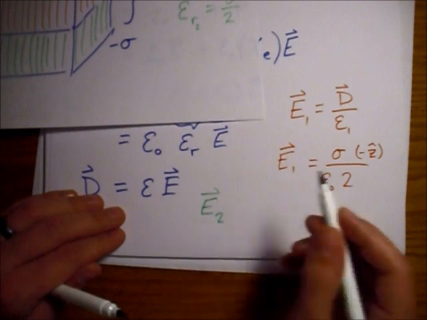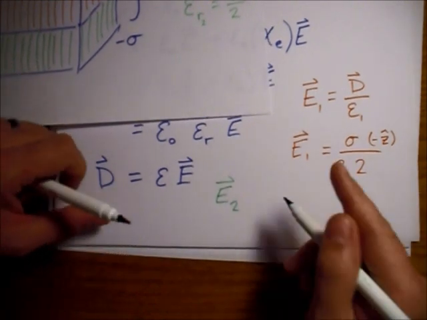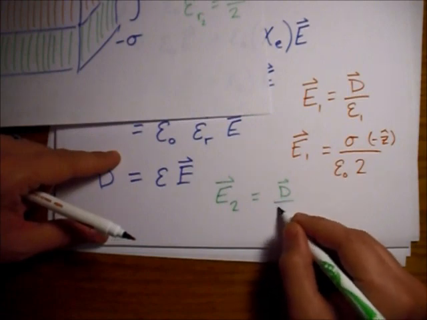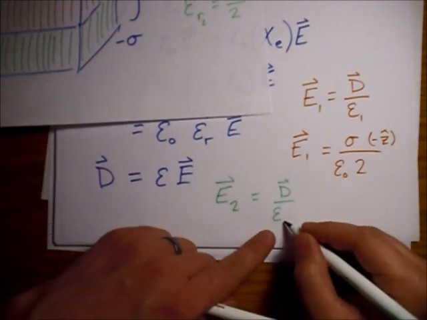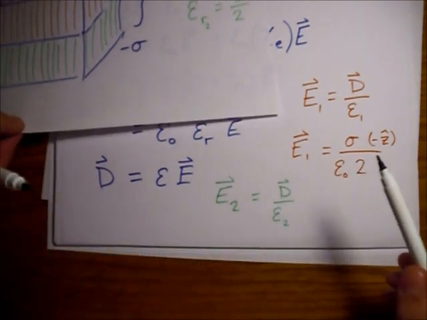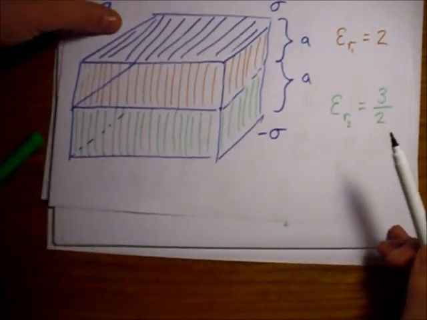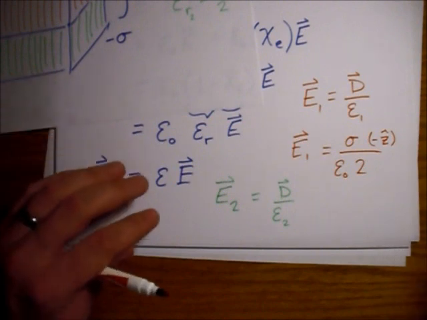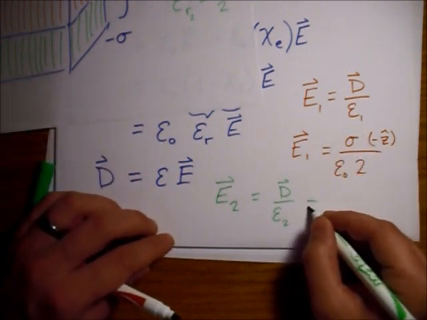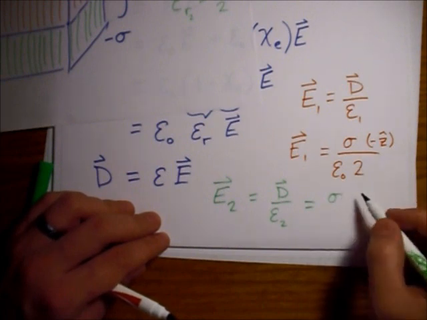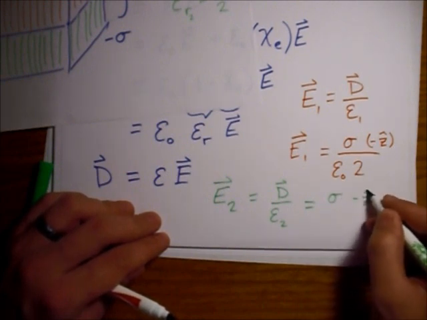So moving on to the green slab, we'll call that E sub 2, okay, is the electric displacement divided by epsilon 2, meaning the permittivity of the green slab, which we can again plug in our sigma in the minus z hat direction.